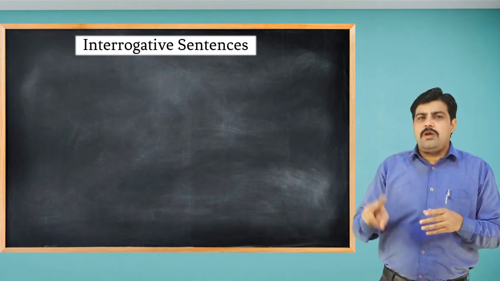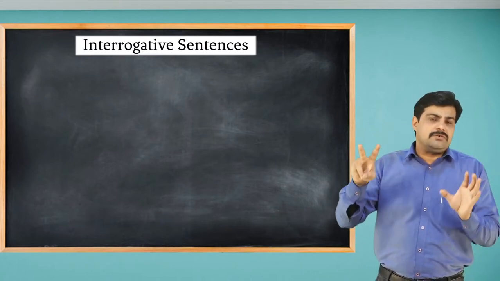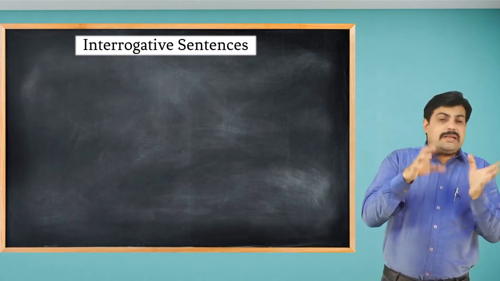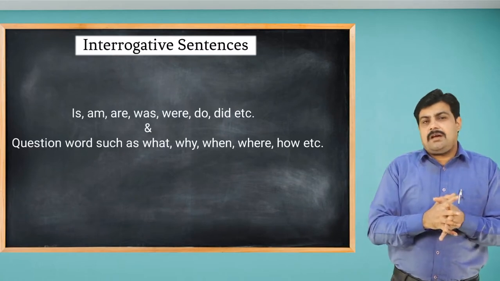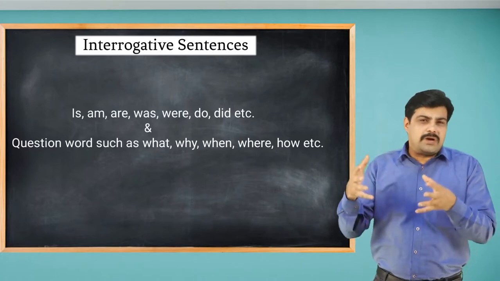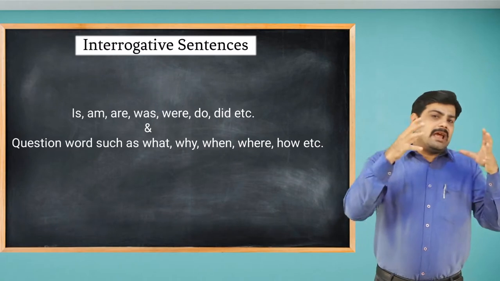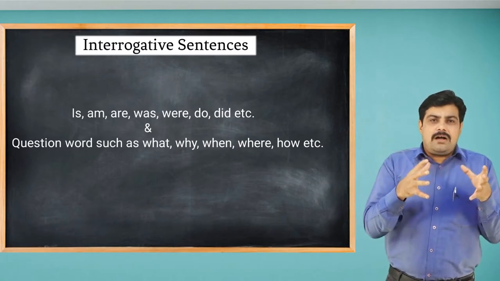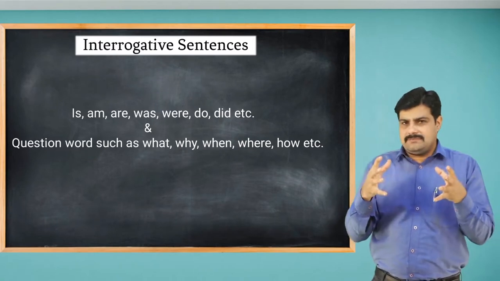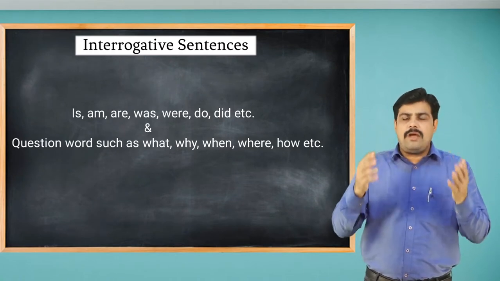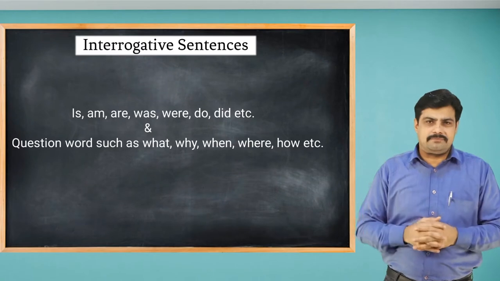Those which start with an auxiliary verb such as is, am, are, was, were, do, did, etc., and the other which start with a question word such as what, why, when, where, how, etc.